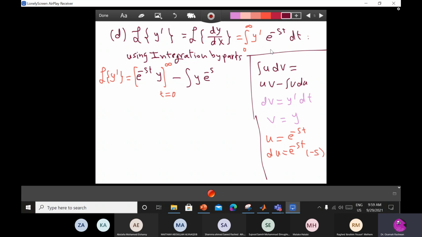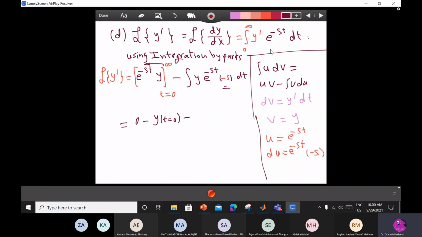Yes, e to the minus st times minus s dt. Minus s is a constant, so I can take it outside. When I substitute by infinity, I will have e to the minus infinity, which is 0. And when I substitute t equal to 0, e to the 0 is 1, but I still have y at t equal to 0, because y is a function of t.